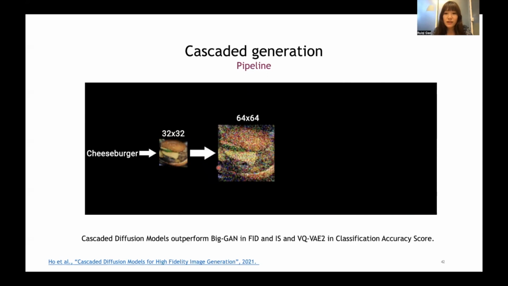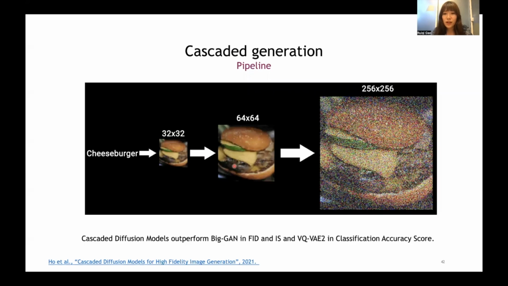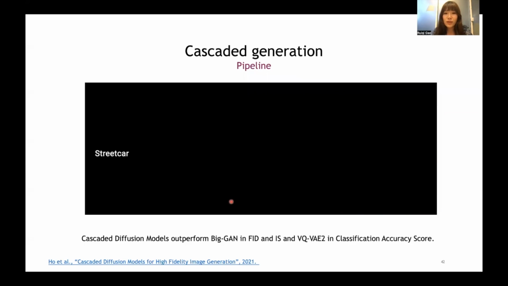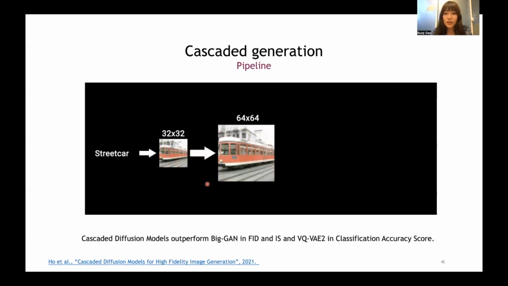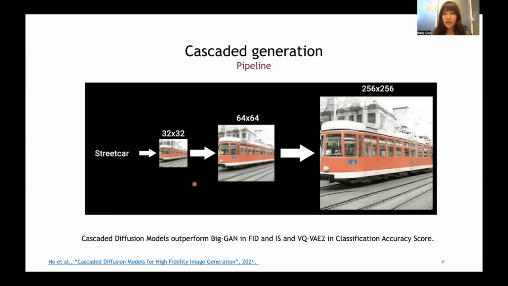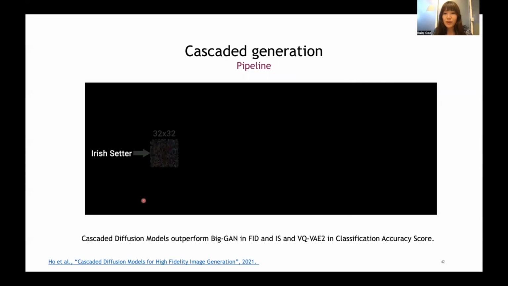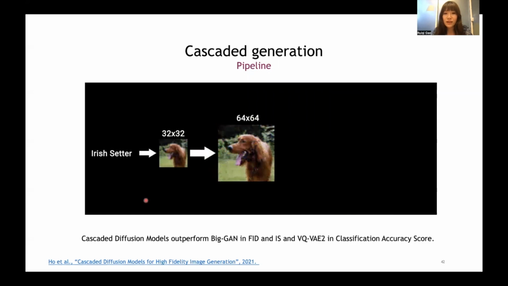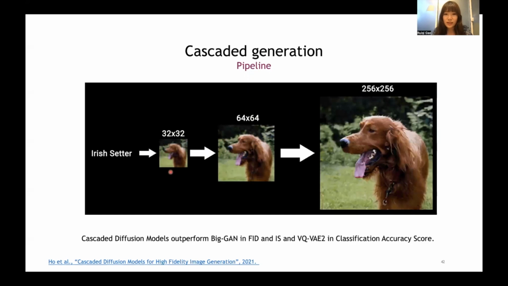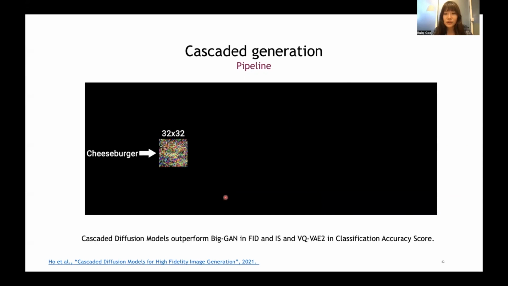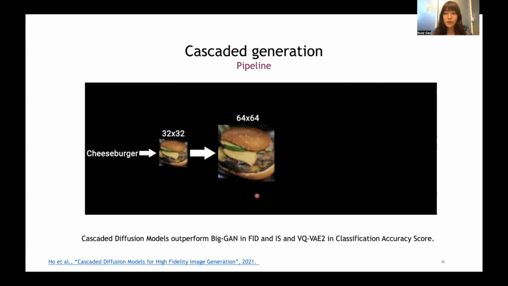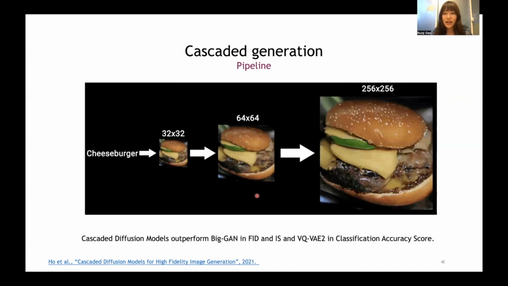And then we learn several super resolution models, taking the downsampled training images at lower resolution as the condition. And during sampling, we just run the progressive sampling pipeline, starting from the smallest unconditional model and going through all those super resolution models until we reach the highest resolution.